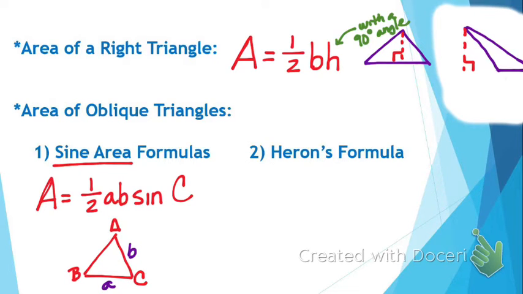So you have to know 2 sides and then the angle in between. So for the sine area formula, you need to know 2 sides and the angle in between those 2 sides.